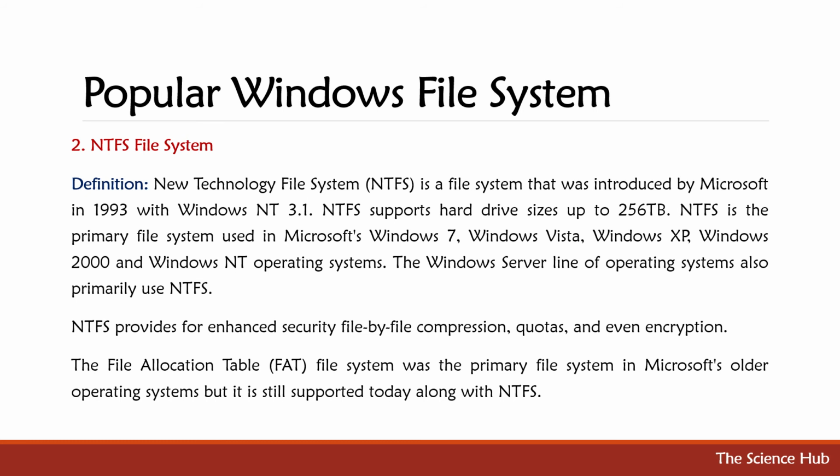The Windows Server lineup of operating systems also primarily uses NTFS. NTFS provides enhanced security, file-by-file compression, quotas, and even encryption. The file allocation table, or FAT file system, was the primary file system in Microsoft's older operating systems, but it is still supported today along with NTFS.